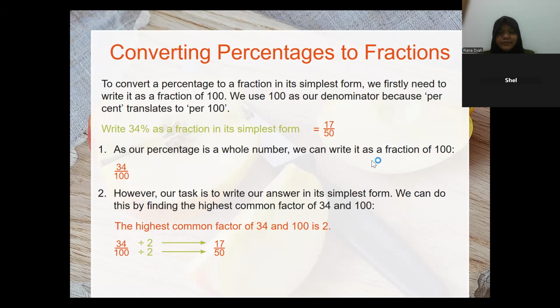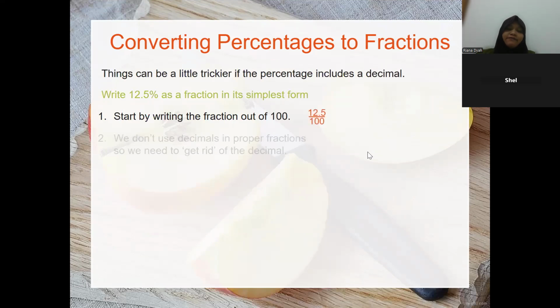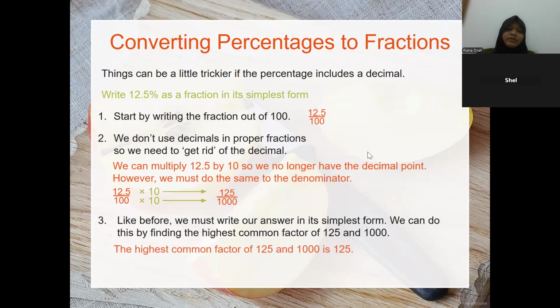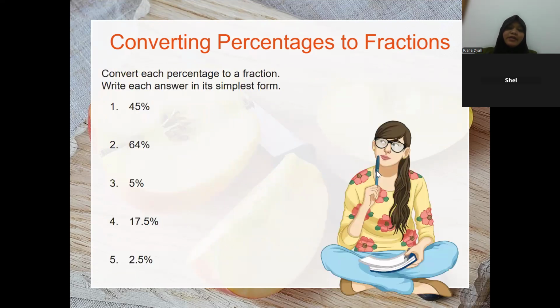Okay, I'm done. So maybe I will give you a homework. Is that okay for you? Can you please write it down? This is the question. Only 5 numbers. Try to convert the percentage to fraction, and then we will discuss it in the next lesson.